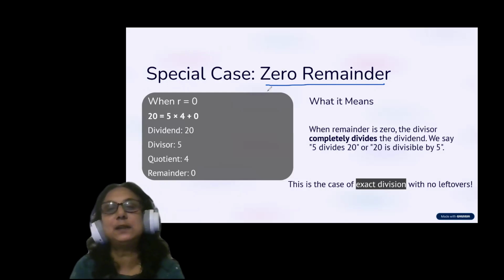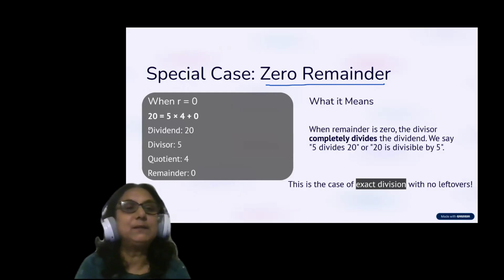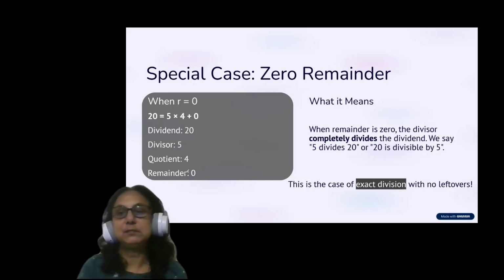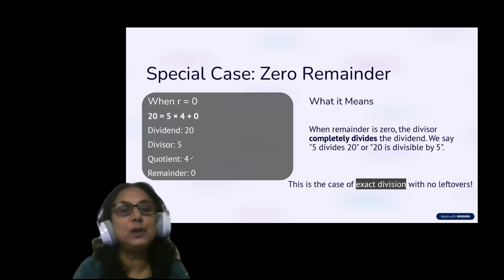Like here, 20 divided by 5 gives remainder 0. Dividend is 20, divisor is 5, quotient is 4 and remainder is 0. This is the case of exact division. No leftover is left; the number is completely divided.